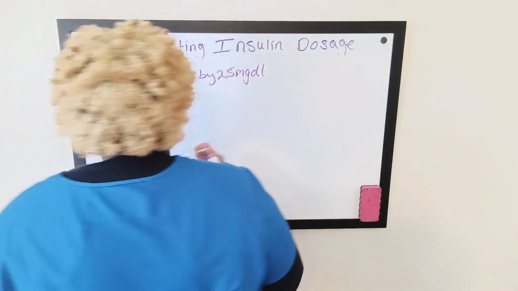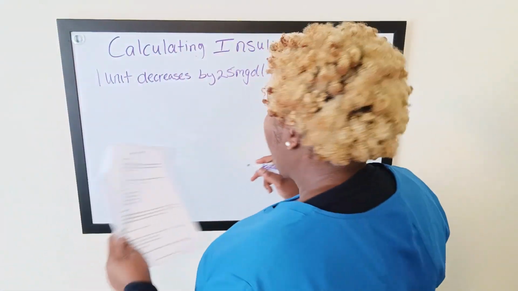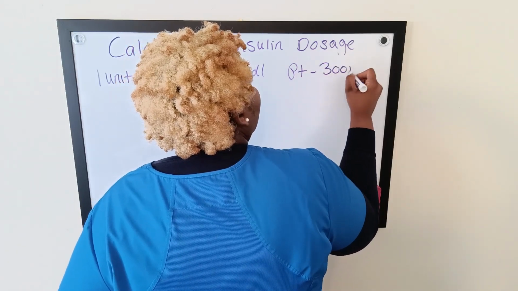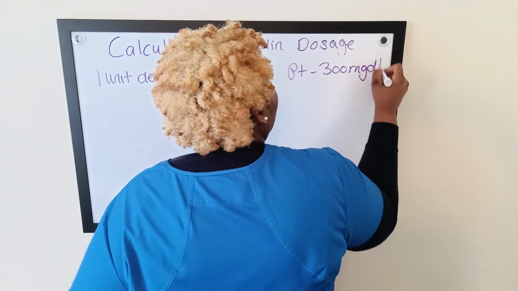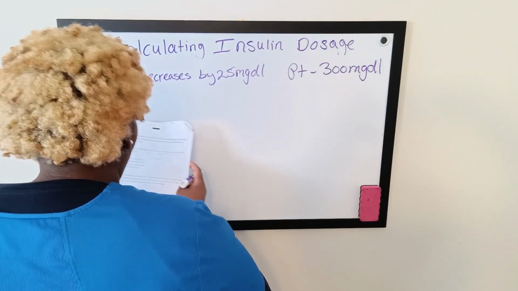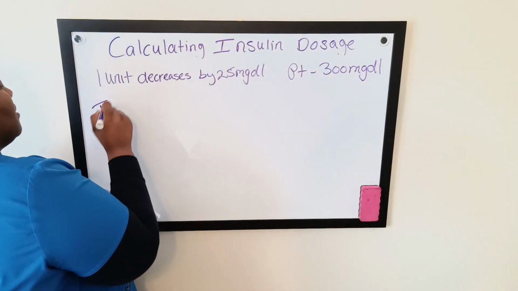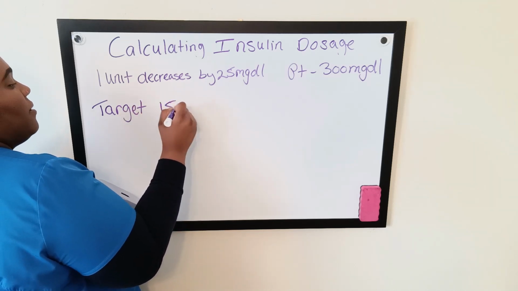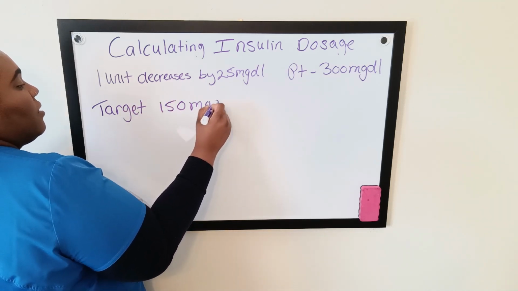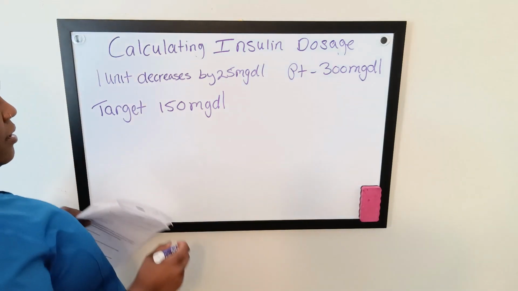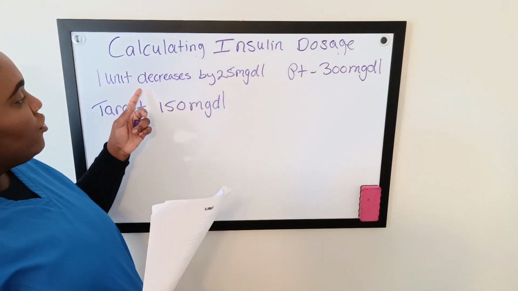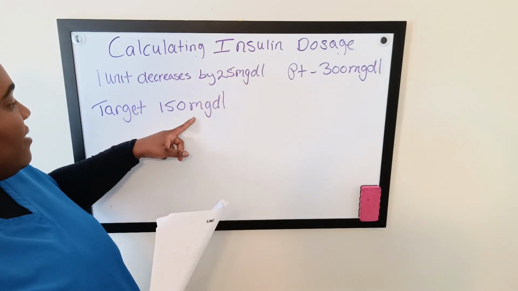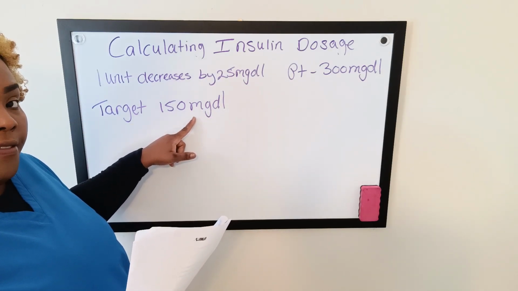All right, our patient's blood glucose right now is 300. All right, and our target is 150 mg/dL. All right, so how much insulin do you think we have to give this person who is 300 to get them to this number here, 150?